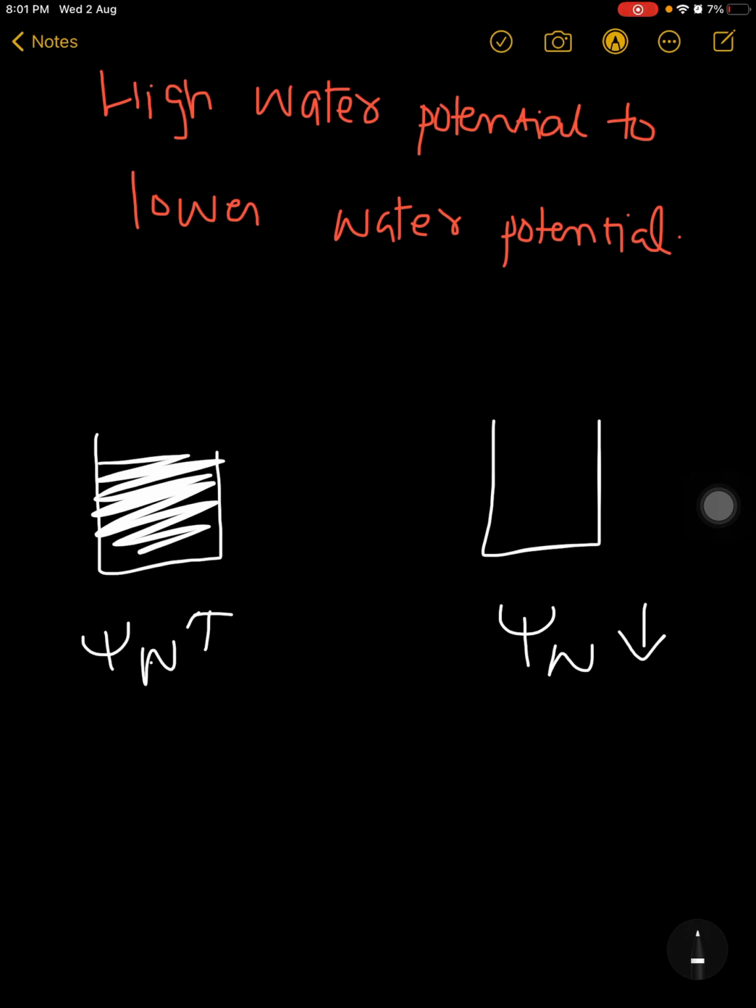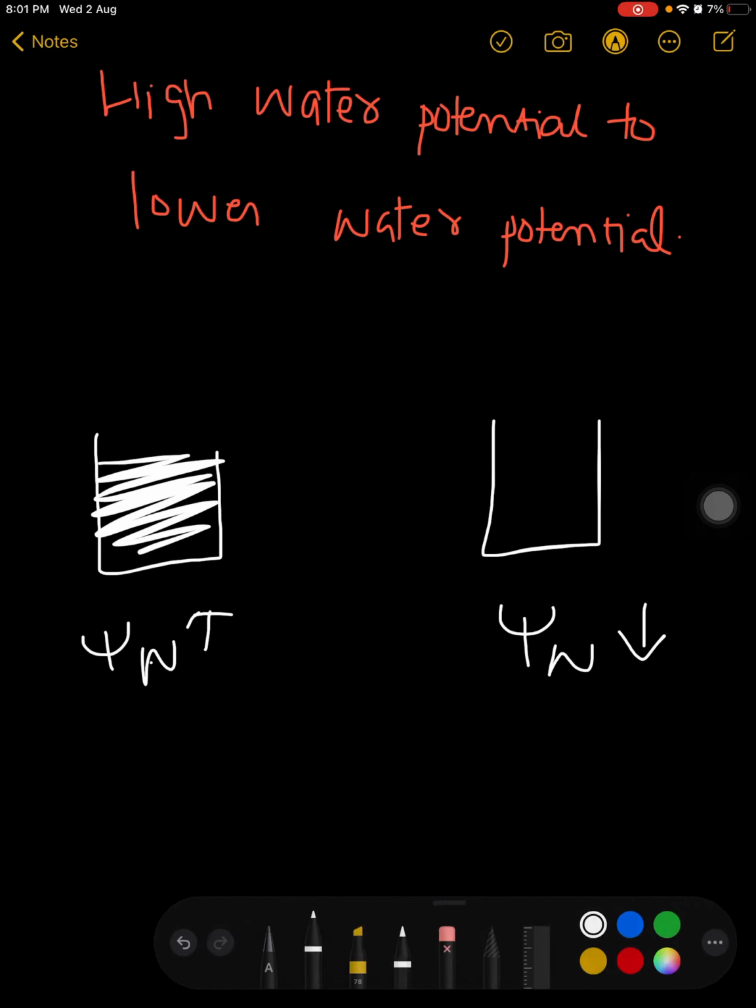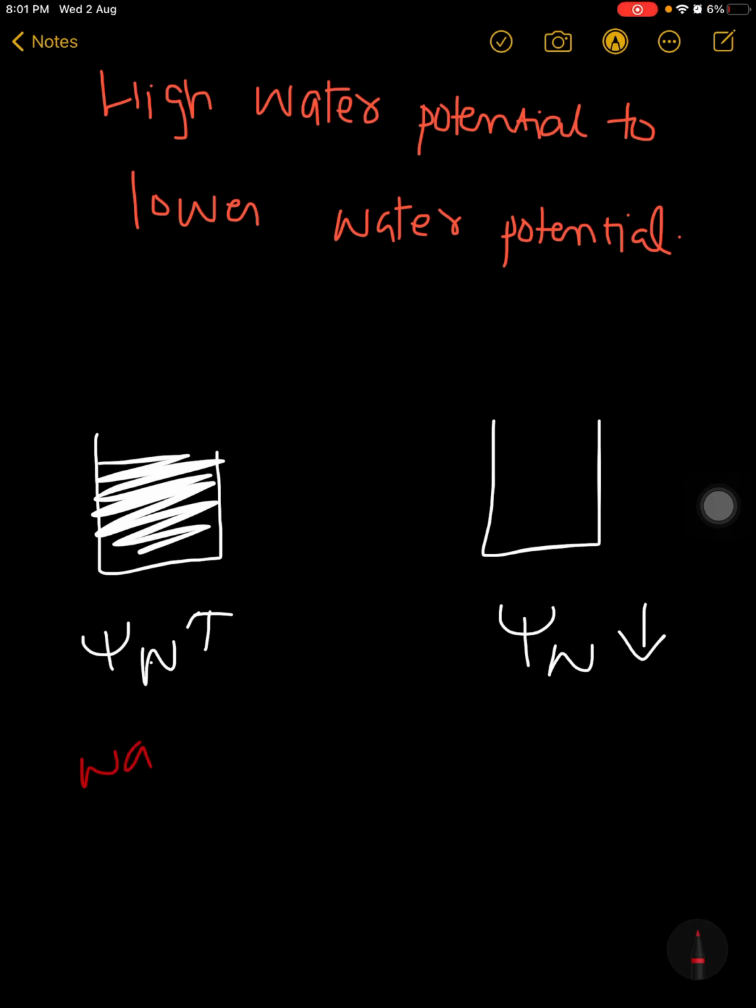If I say the water potential is high, it means the ability of this water to lose is more. It means there's a lot of water, so the concentration of the solute is low. Here, if the water potential is low, it means the water concentration is low, so the solute concentration will be high, right? And we know that water always moves from lower solute concentration to higher solute concentration.